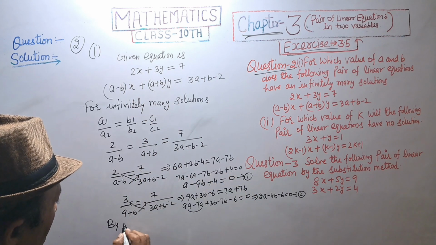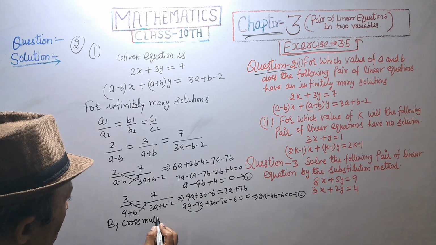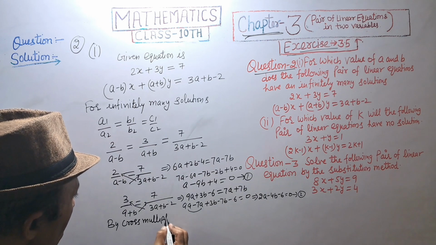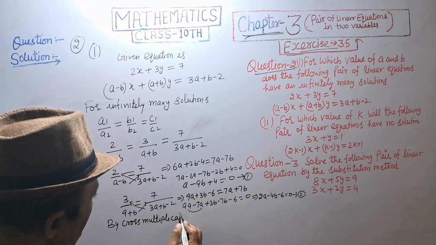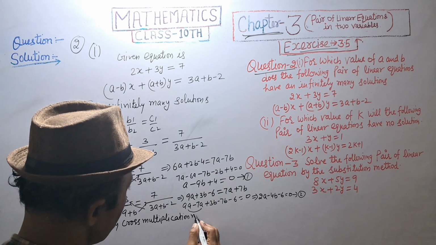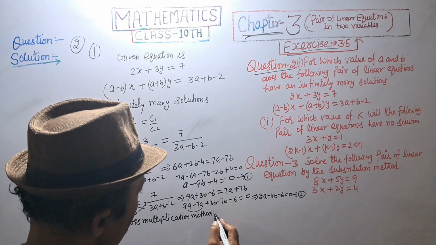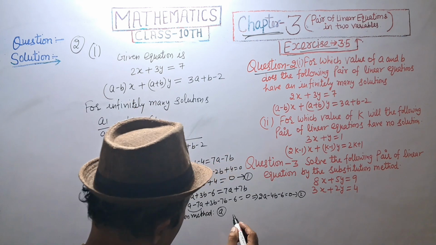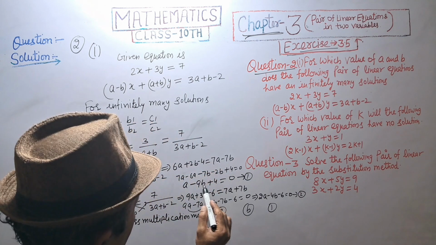By cross multiplication method, a, b and 1.